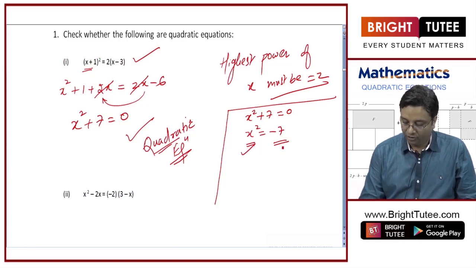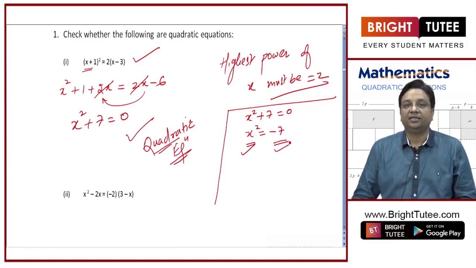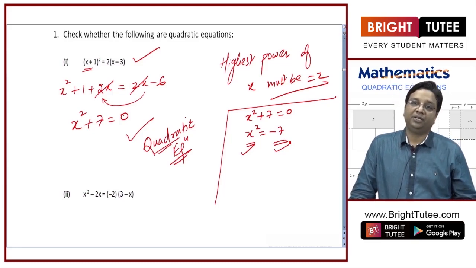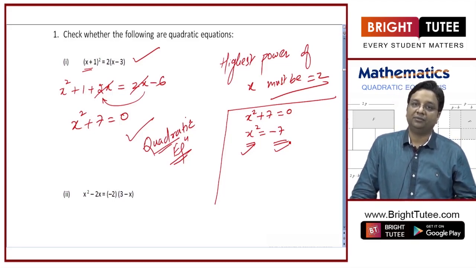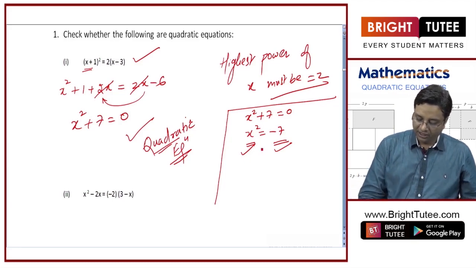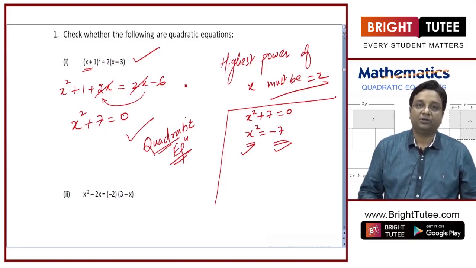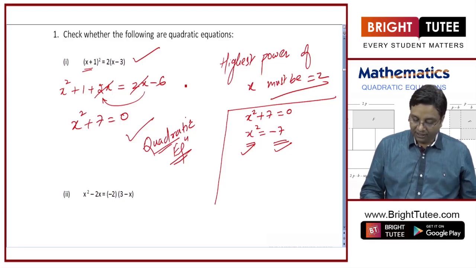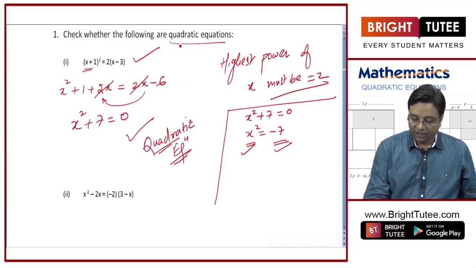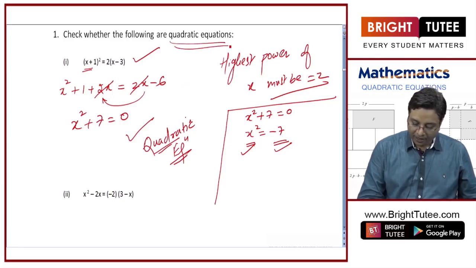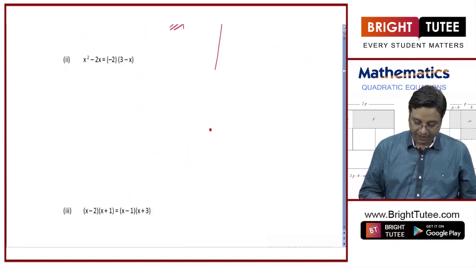Square of something cannot be negative. It can be a non-negative quantity. Minimum it can be 0, otherwise it will be positive. So it is a different thing. We are not talking about the roots or solutions at this stage. We just had to look whether it was a quadratic equation or not. So it is a quadratic equation, right?